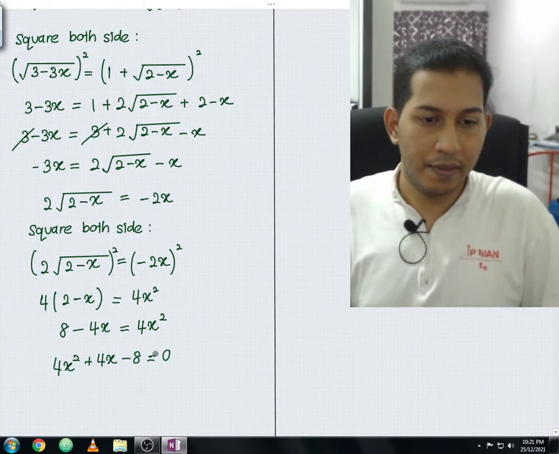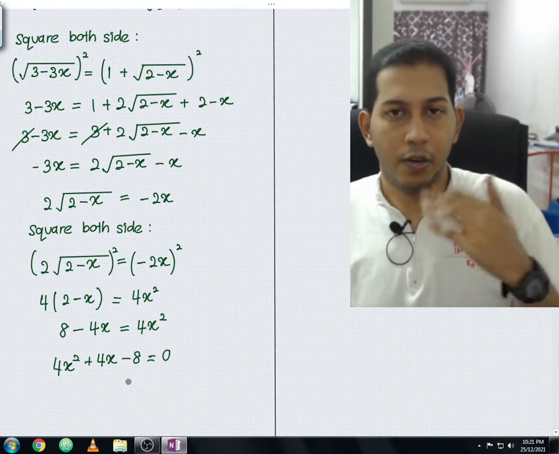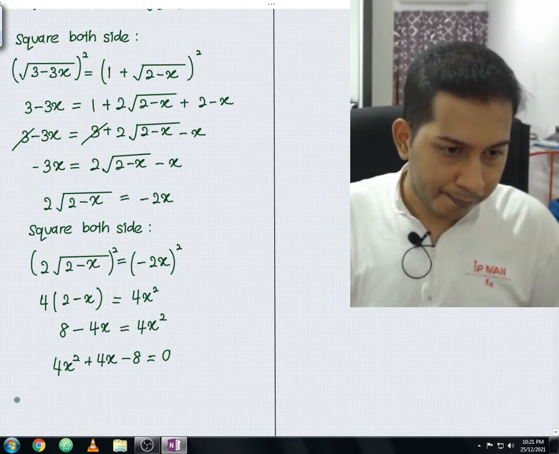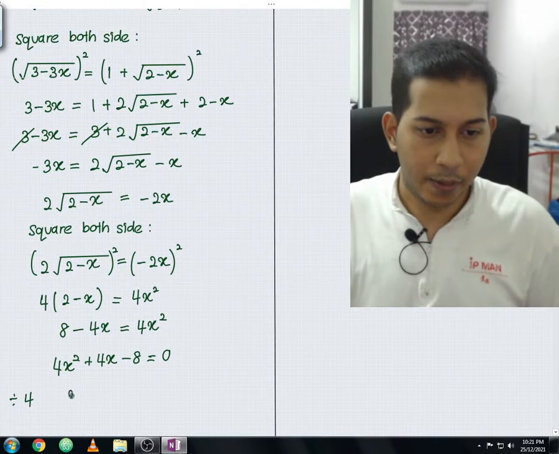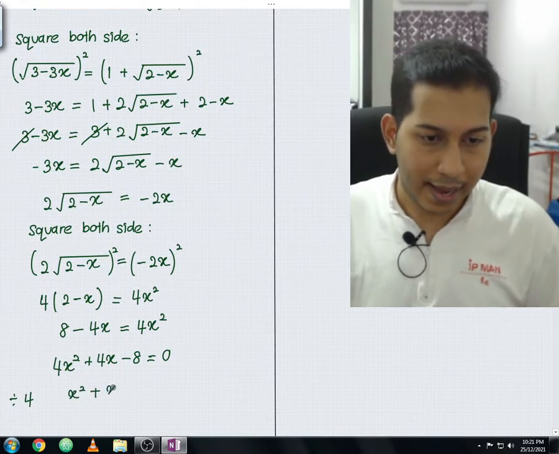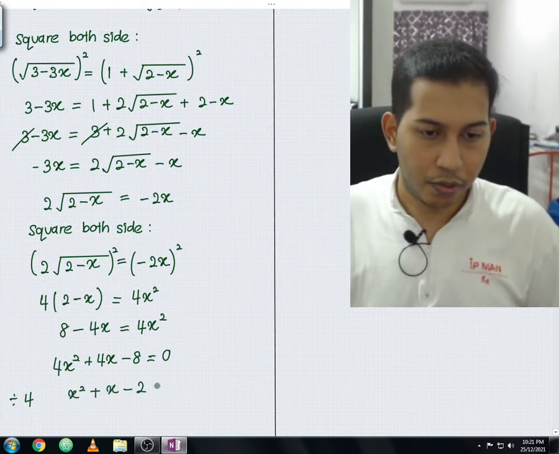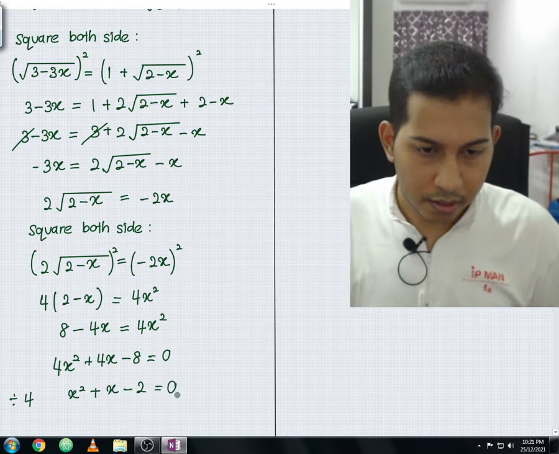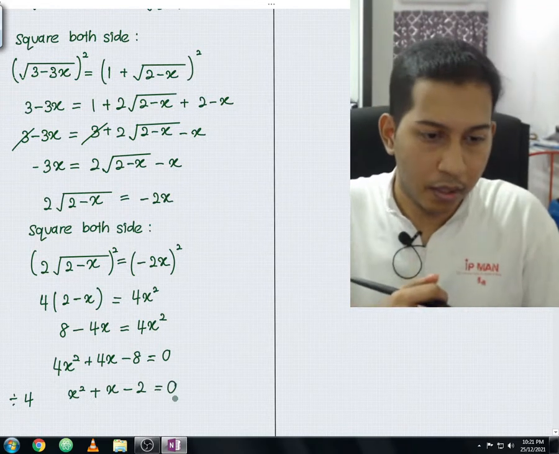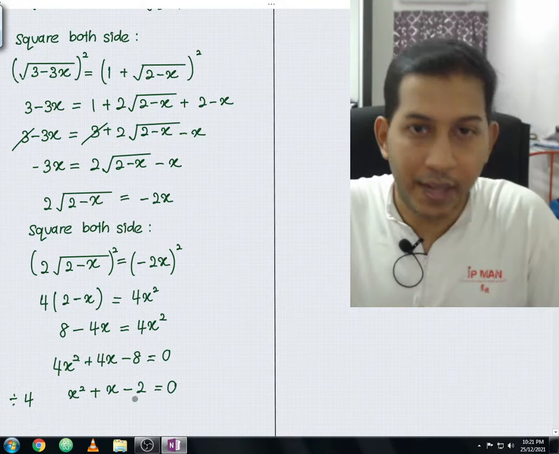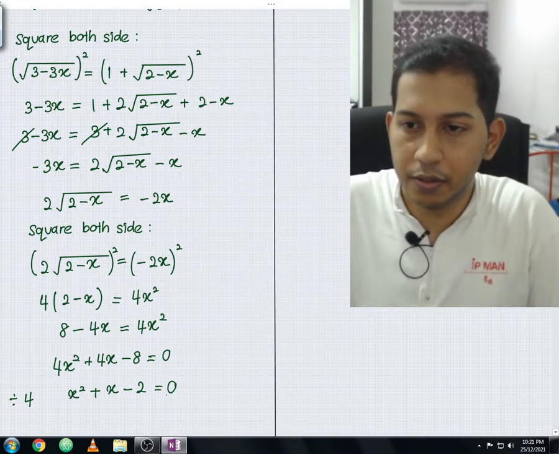We can simplify this quadratic equation by dividing the whole equation by 4, so you are only left with x squared plus x minus 2 equals to 0.